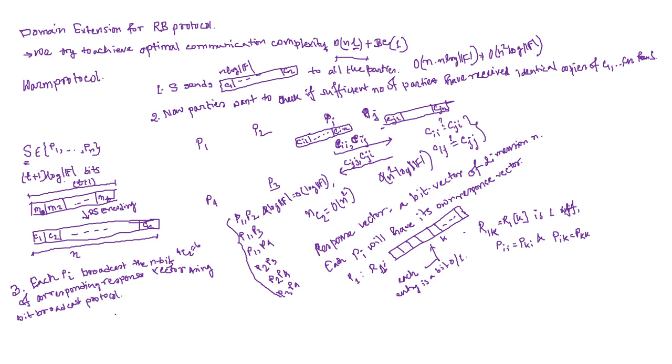This requires whatever is the complexity of the bit broadcast protocol, run for n square number of instances. Why n square? Because each party has to broadcast n bits and there are total n parties, or there are total n response vectors, each of length n. So a total of n square bits needs to be broadcast in the system, and that requires instantiation of n square bit broadcasts.